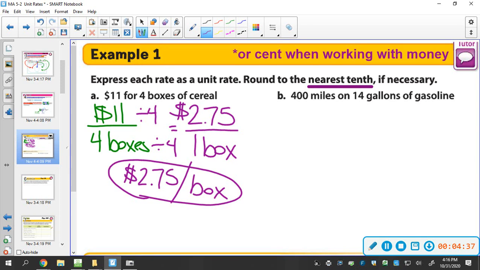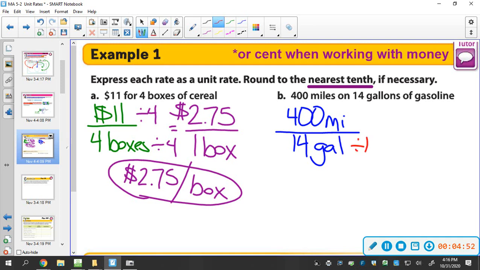On the next one, it's 400 miles on 14 gallons of gas. Okay? We always divide by the bottom number, so we divide by 14 on the bottom and the top. That gives me for 1 gallon, which is what we're talking about for a unit rate. We want how many miles for 1 gallon.